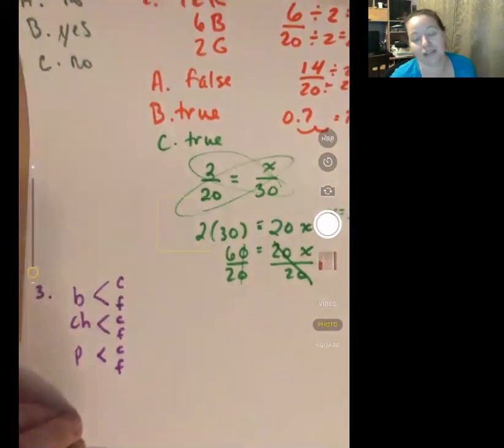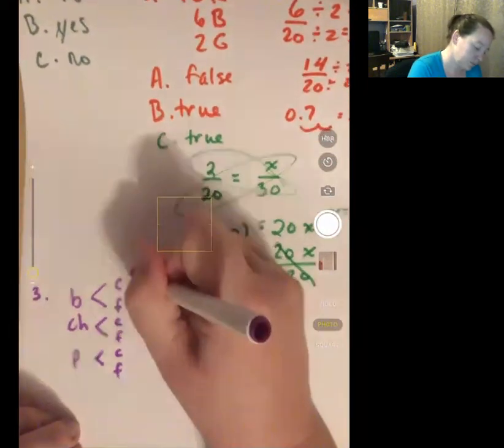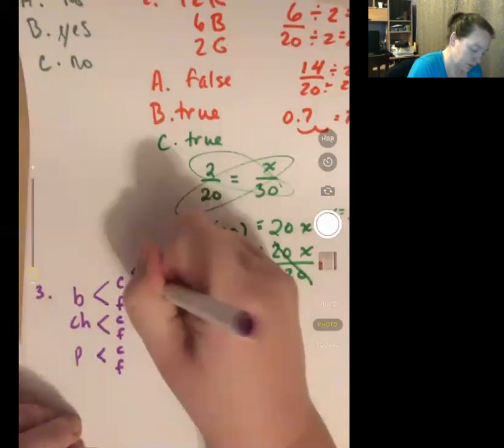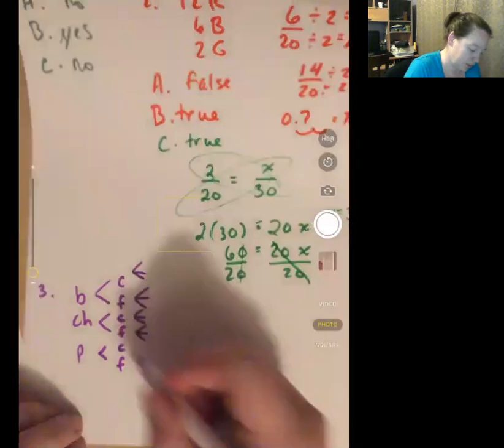Yes, I am not writing out the entire word. Salsa is, there are 3 kinds of salsa. That's why I'm writing in all my 3s.